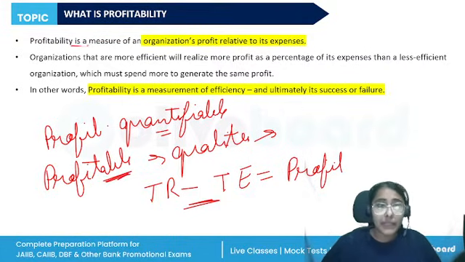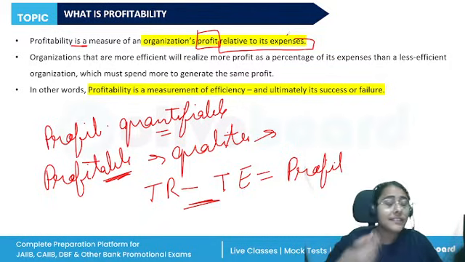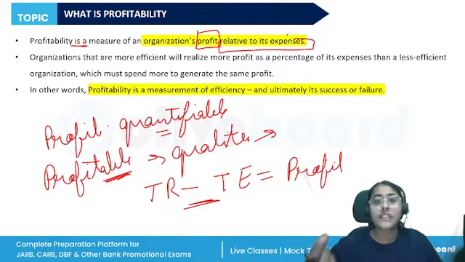So the profitability is the measure of an organization's profit relative to its expenses. So if more assets I'm employing and they're generating more profits, or with the same assets, let's say I'm improving my operational capacity or I'm improving the resources, then with lesser costs, more profits are generated.